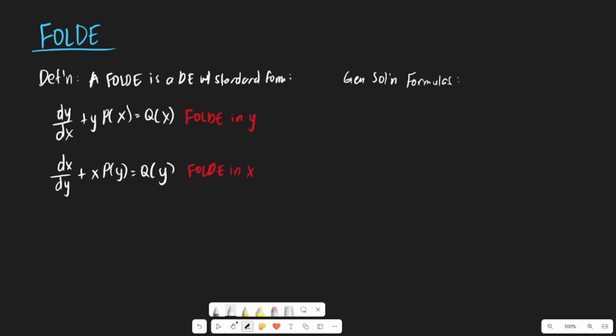For the FOLDE in y, we can see that it includes functions of x. So we're going to start the first formula for the general solution of the FOLDE in y with a function of x. What we're going to use is phi of x as that function.